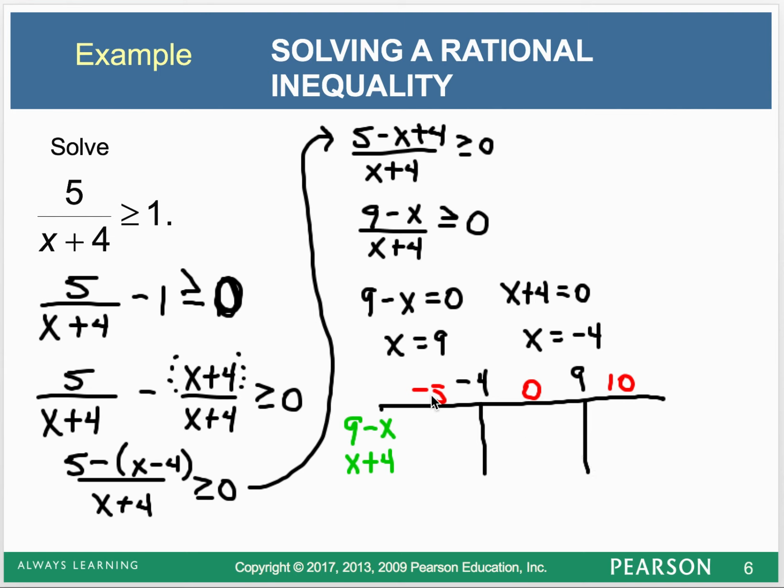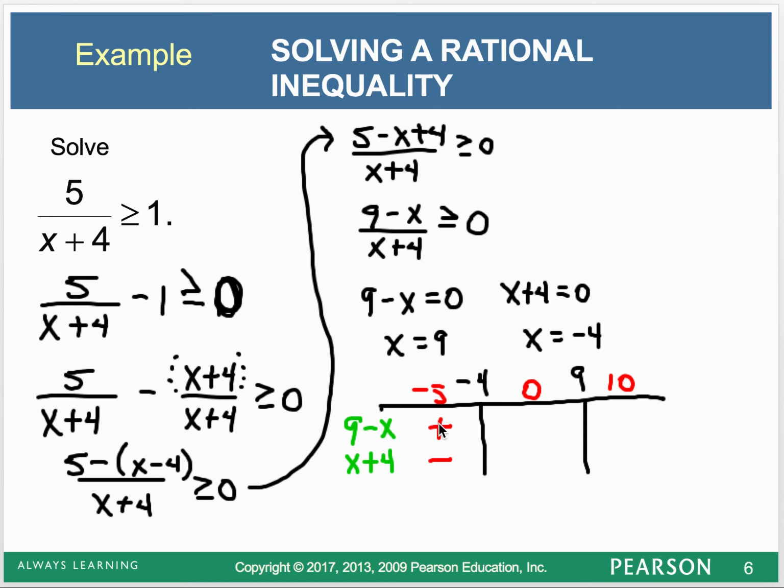All right, now if I plug in negative 5, 9 minus negative 5 is 9 plus 5, that's positive. Negative 5 plus 4 is negative.